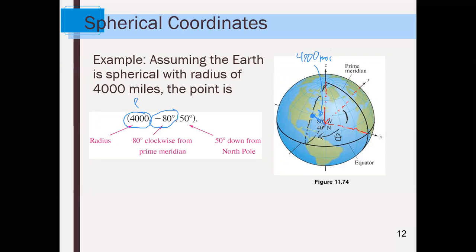And then it says 40 degrees north. That means north of the equator in that direction. But the way that spherical coordinates are measured is down from the positive z-axis.